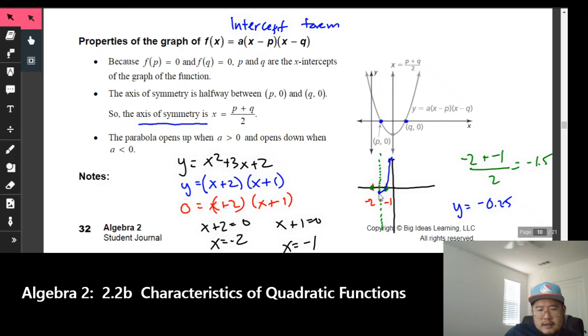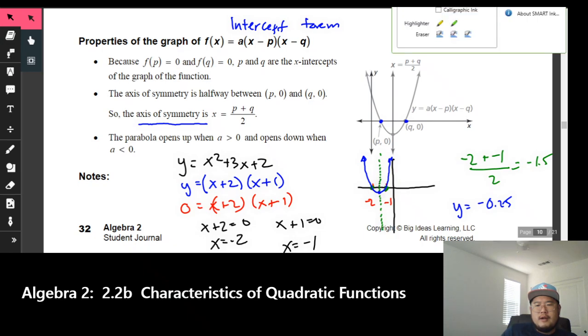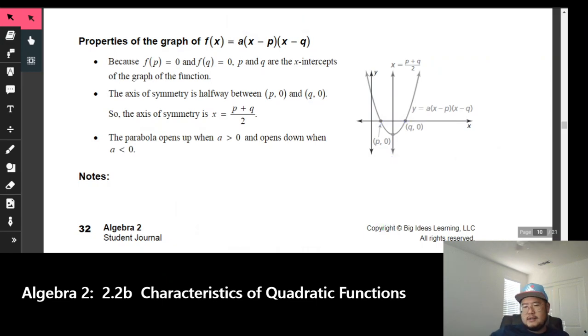And that is the basic idea of this parabola. Okay, using intercept form. Remember, intercepts, think of it as this. They're your x-intercepts, y-intercepts. What I'm trying to find right here are your x-intercepts.